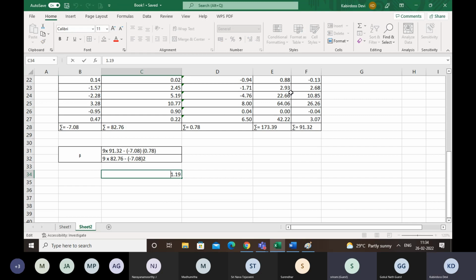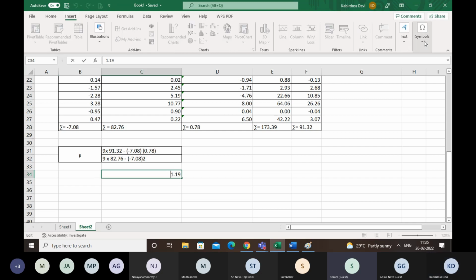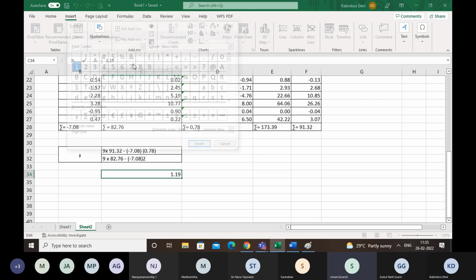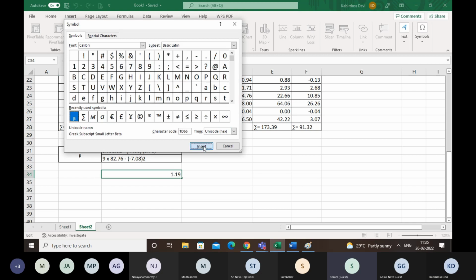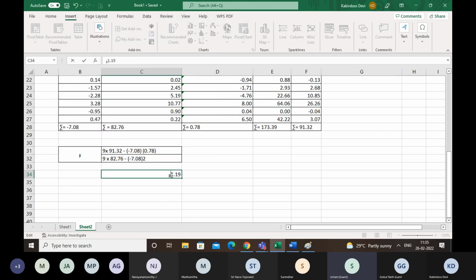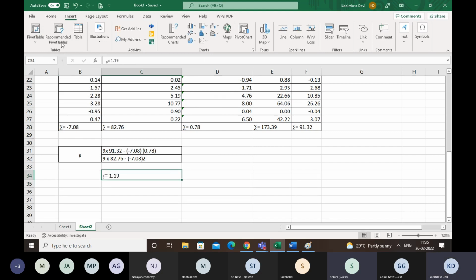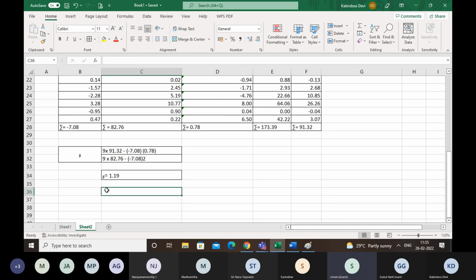So the beta is 1.19. All of you have noted down the beta value? You should have the calculator with you.